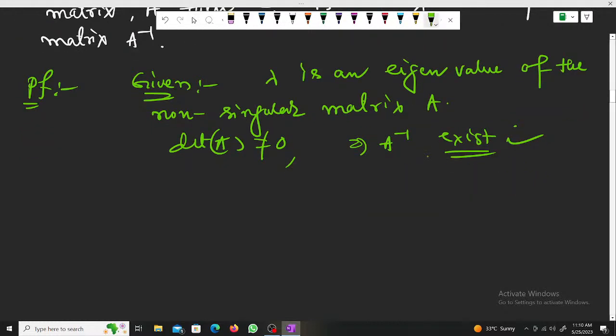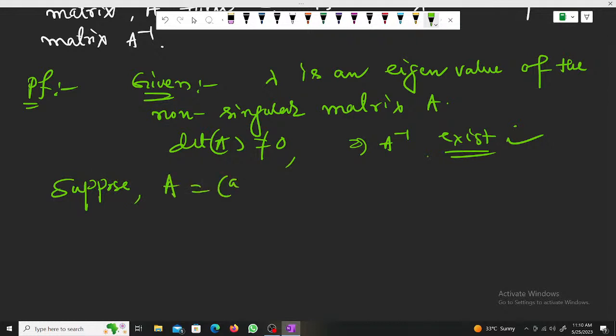Suppose আমি ধরলাম যে A be an n by n ordered square matrix. Right? Okay.